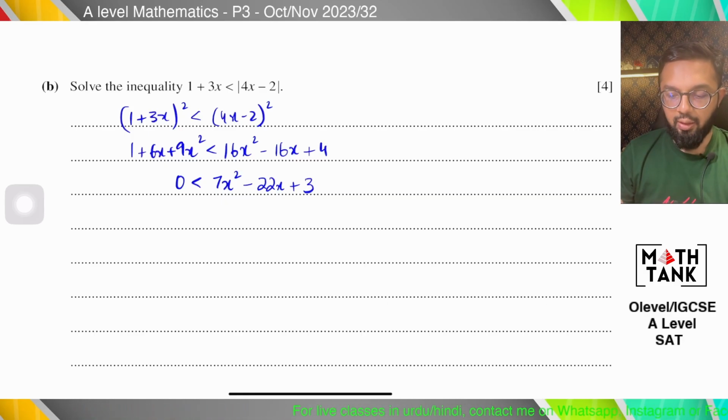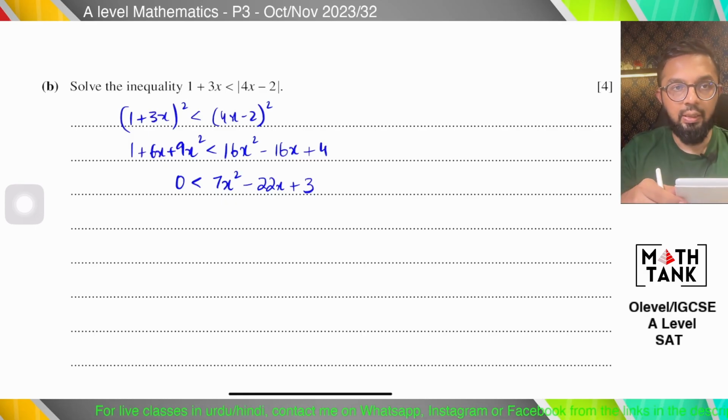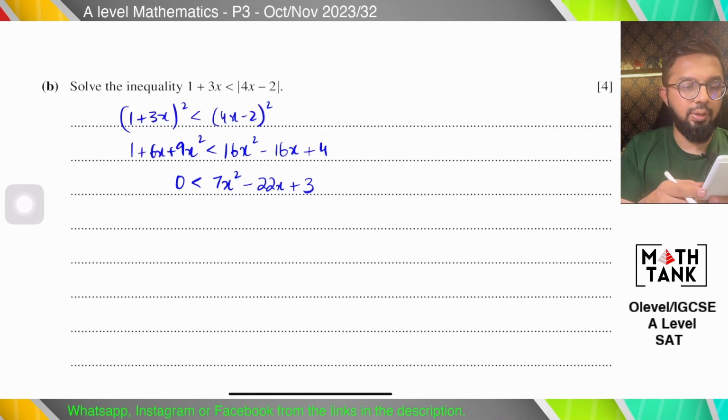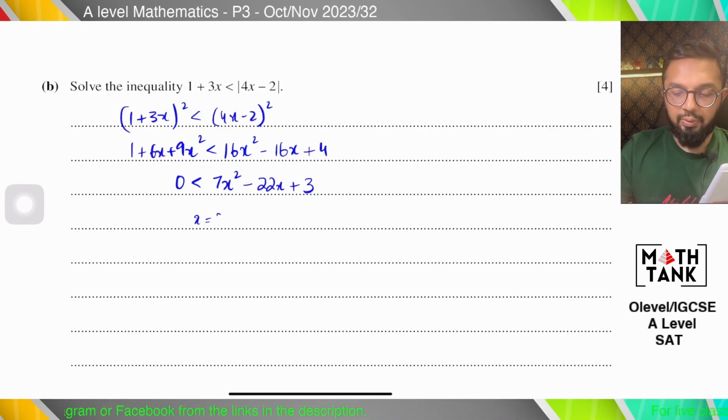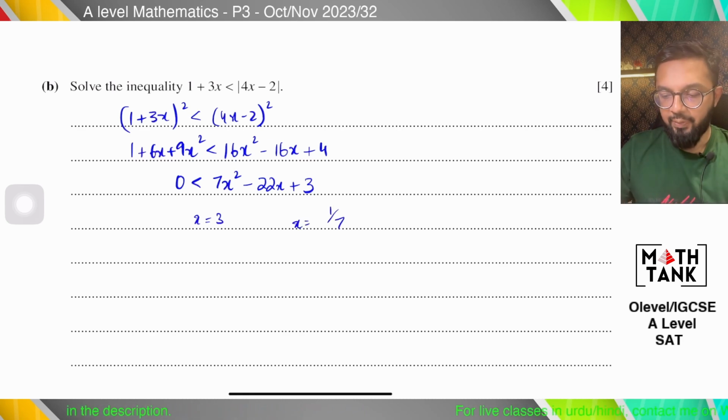Okay. I will solve this on my calculator, get you two solutions out of this. 7, minus 22 and 3. So I get x equals 3 and x equals 1 over 7. Okay, on the exam you should show me the quadratic formula as well.